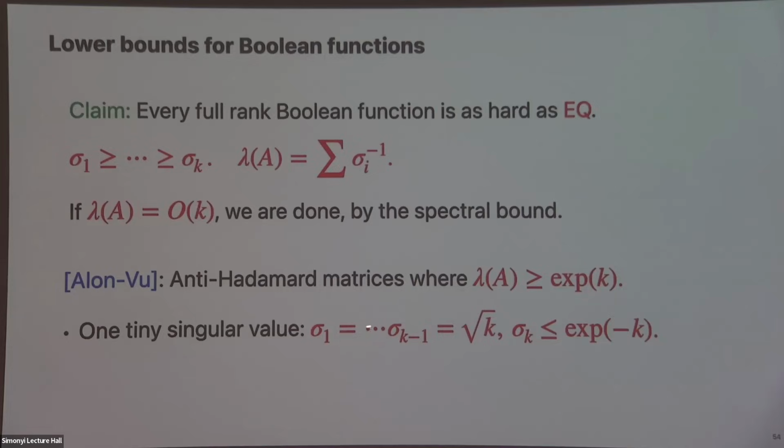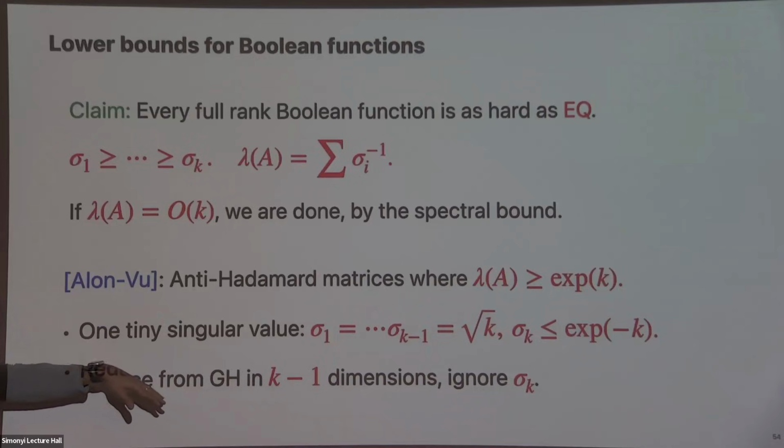Okay. So, this is a fantastic, incredible object. But the question is, what does it mean for us? This corresponds to some communication matrix, and we have to ask, are we scared of this matrix? And the answer is we are not. Because if this were the matrix, we would just reduce from gap Hamming in k-1 dimensions.